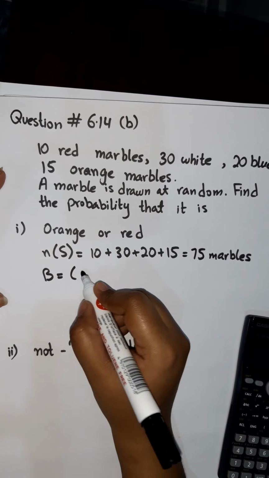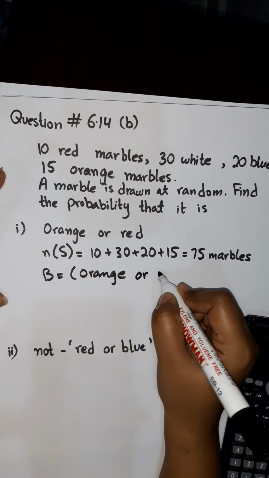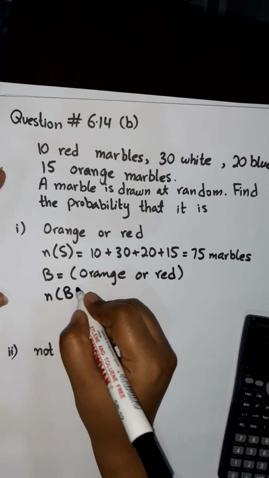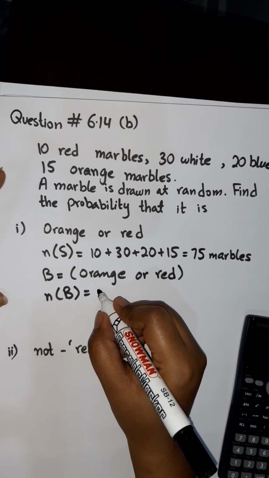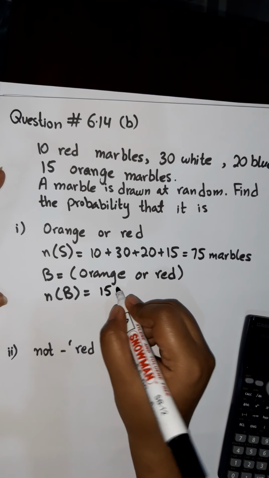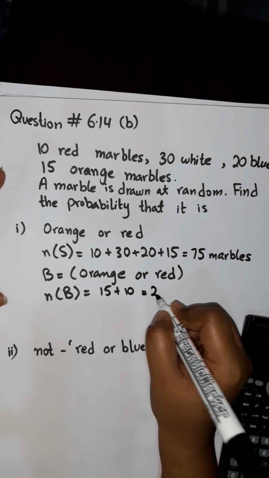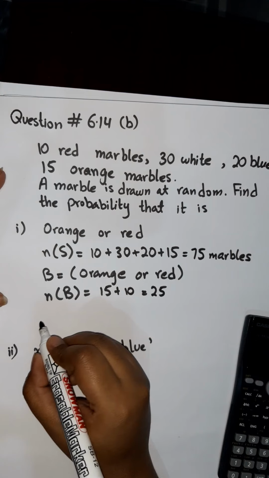Now event B says that the marble will be orange or red. So the number of outcomes in event B will be, how many marbles are of orange color? 15, and of red color 10. So the total number is 25.